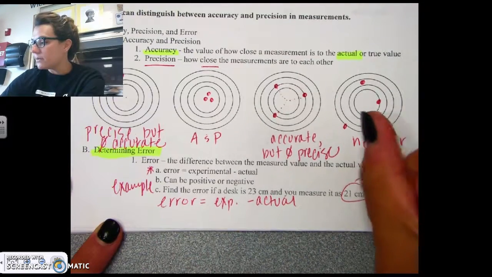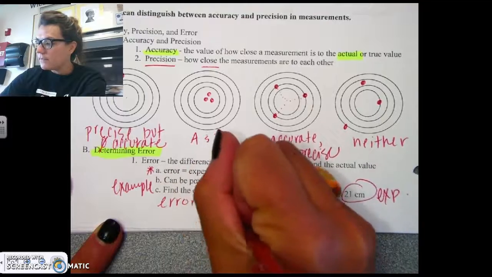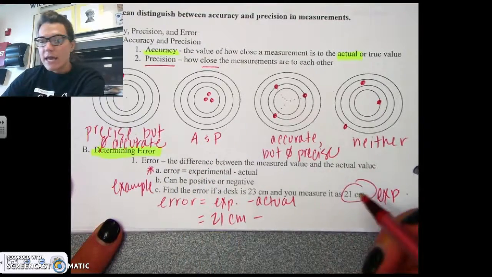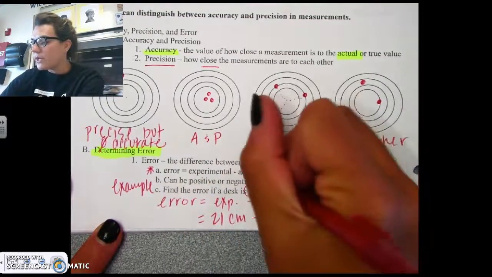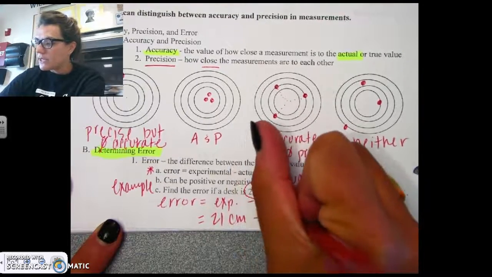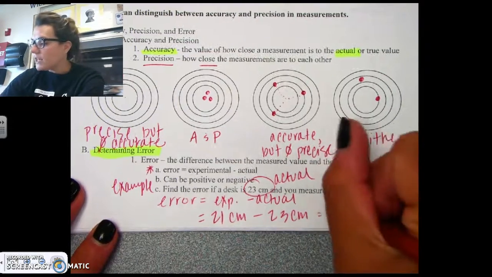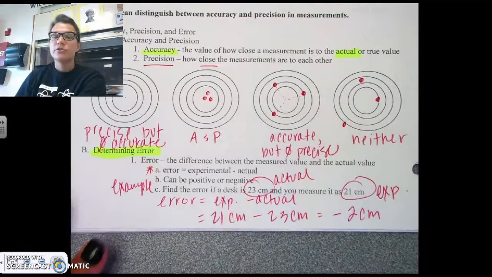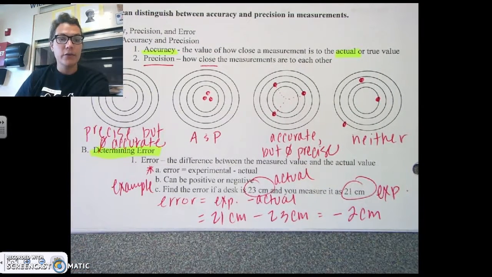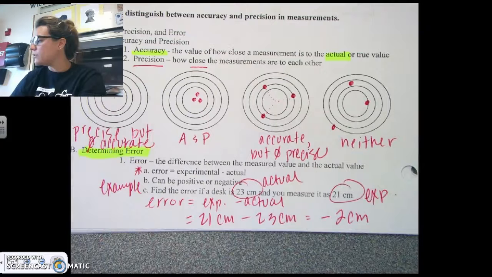So this is my experimental, equal to 21 centimeters, minus what the desk should be, the actual, so minus 23 centimeters. 21 minus 23 is going to be negative 2 centimeters. So that is my error for this desk. Questions about that? Make sure you write them down if you do.